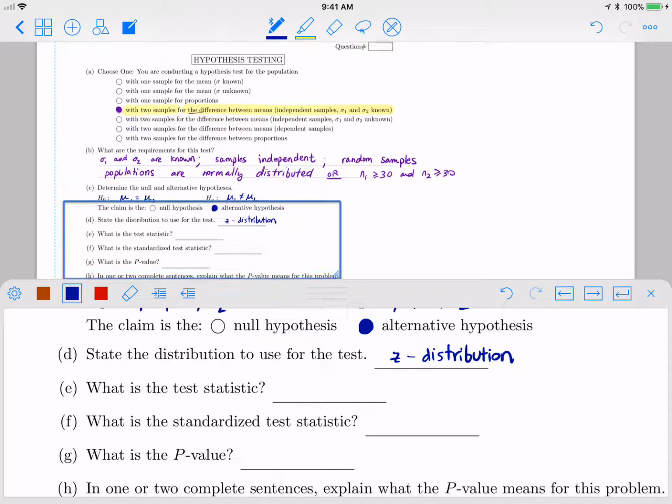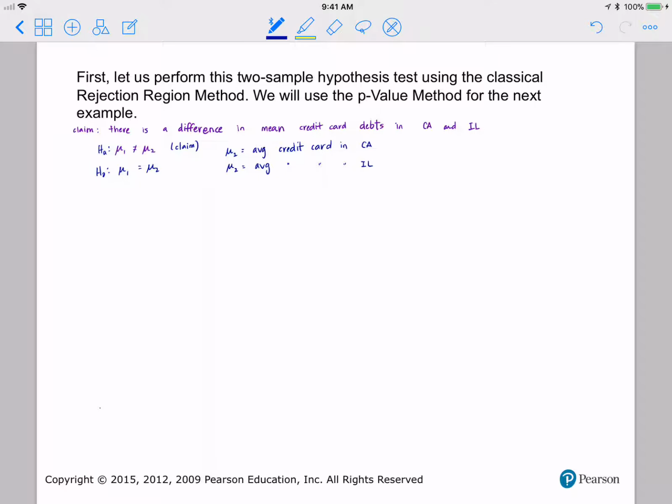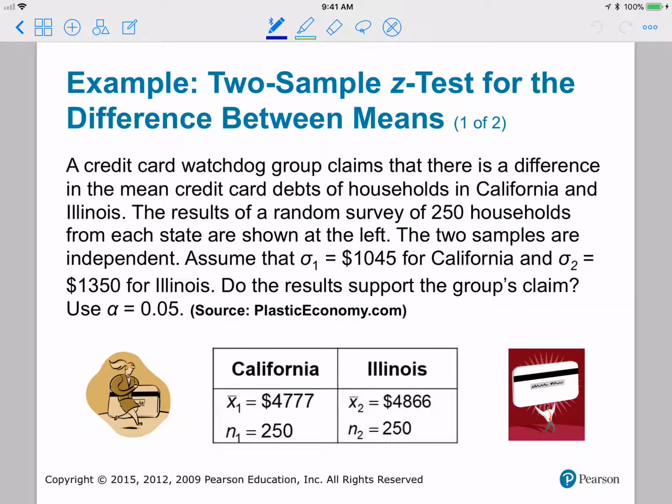Now, what is the test statistic? When we're doing a hypothesis test for the difference of means, the test statistic is x1 bar minus x2 bar. In this case, x1 bar is 47.77 and x2 bar is 48.66.